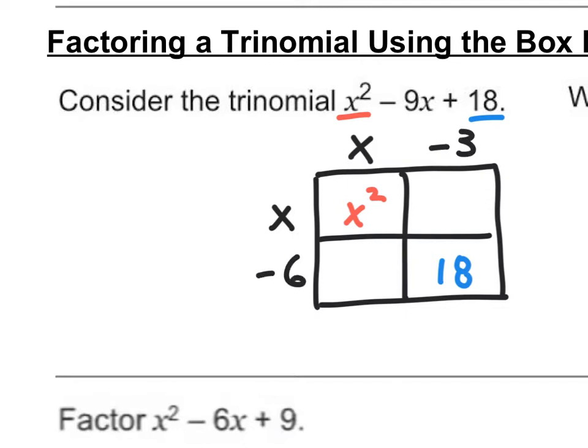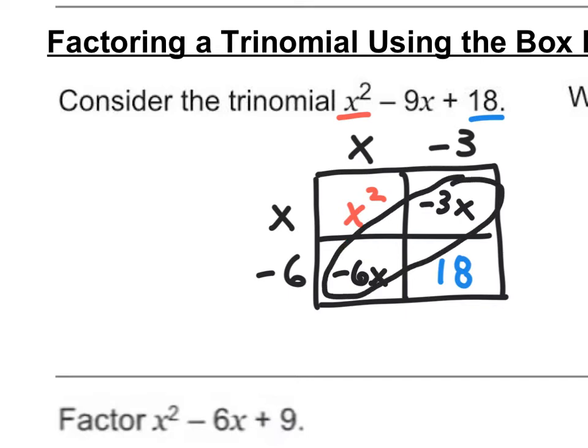The reason I do that is because I take -3 and multiply it by x, and that gives me -3x. And then I take x times -6, and that gives me -6x. Now, if I add these two together, that's going to give me -9x.